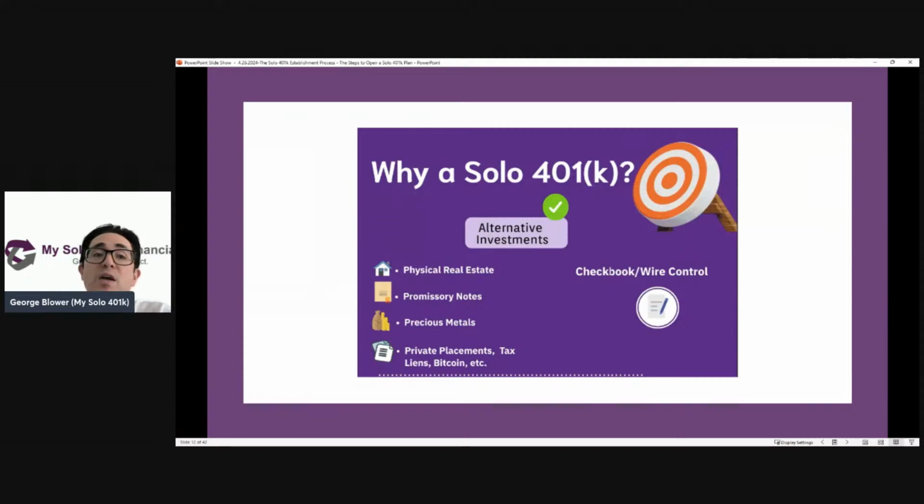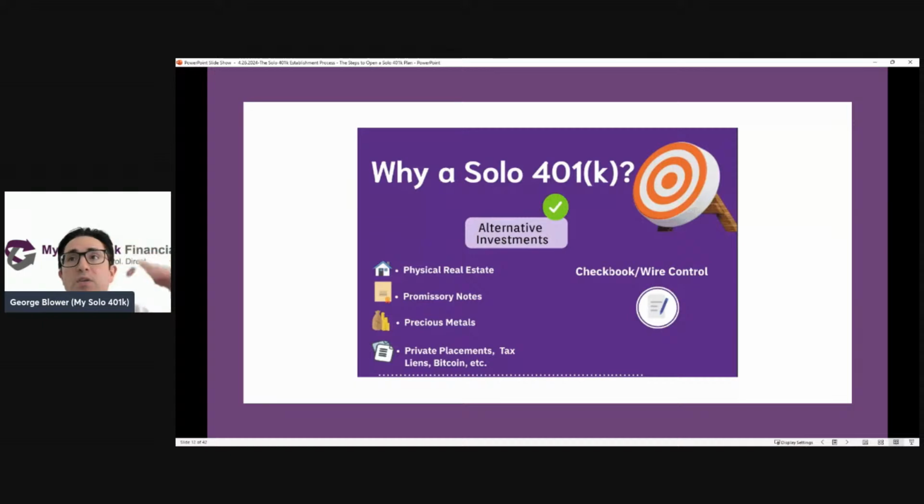And you're going to have the same type of investment options you would have with an IRA at one of those companies. So it could be stocks, bonds, mutual funds, etc. But our plan also allows for true alternative investments, such as real estate, promissory notes, precious metals, cryptocurrency, private placements.